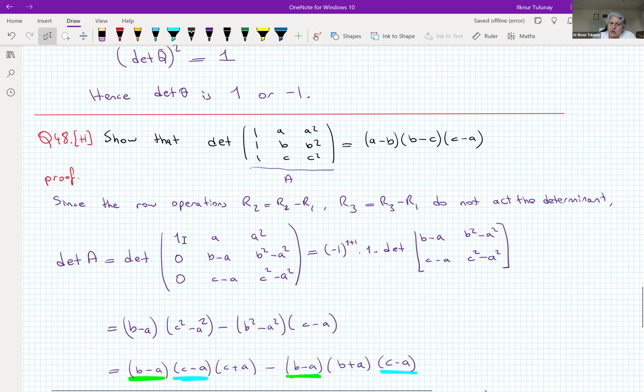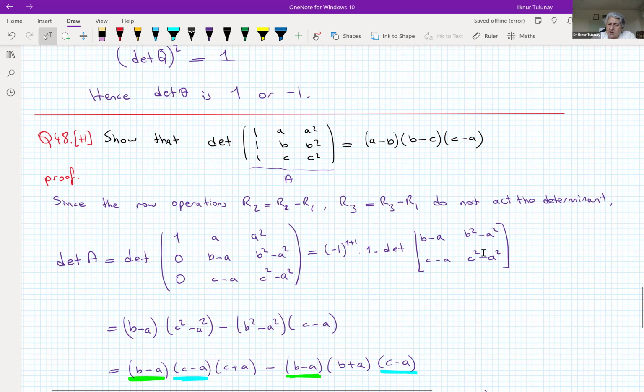This is the first row, first column. This is why I have minus 1 to the power 1 plus 1 here. And this 1 represents this 1. And the determinant of the minor A11, which is that little matrix here. So I need to calculate the determinant of this matrix now. So this is 1, this is 1. The only thing left is the determinant of this matrix.